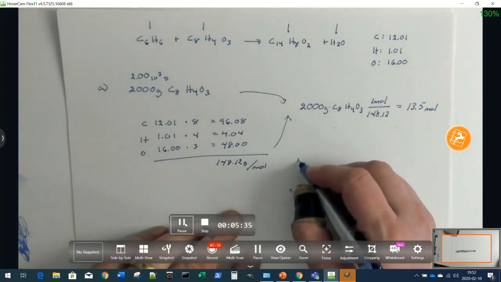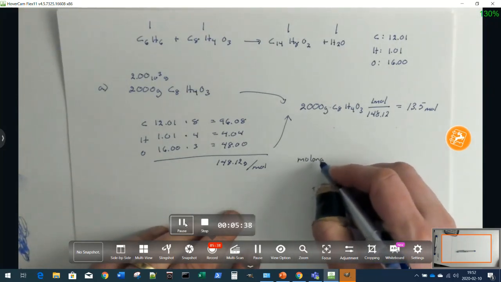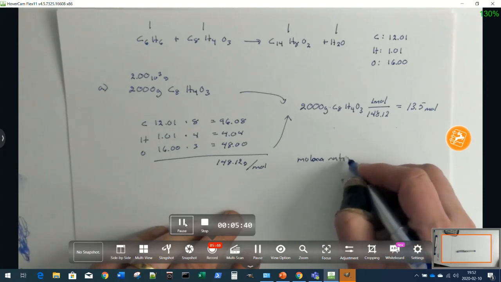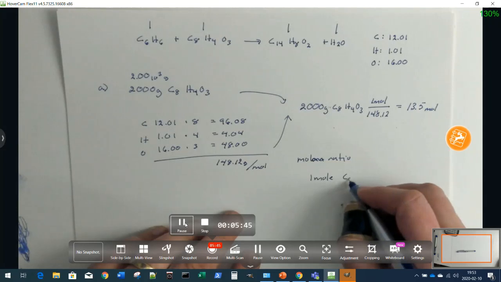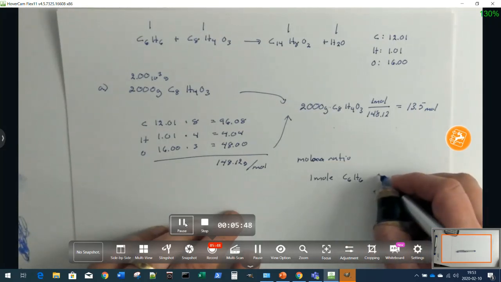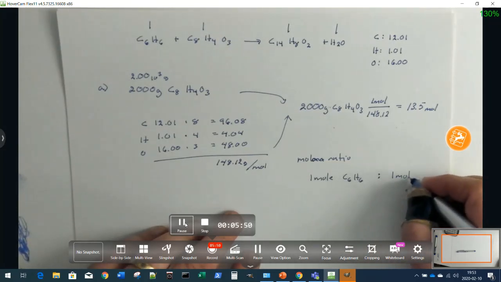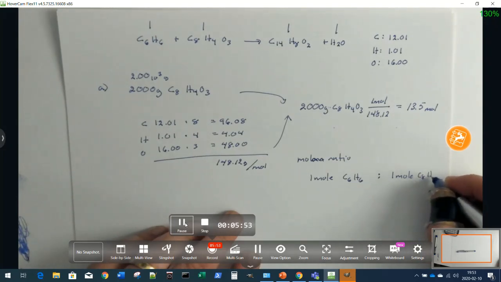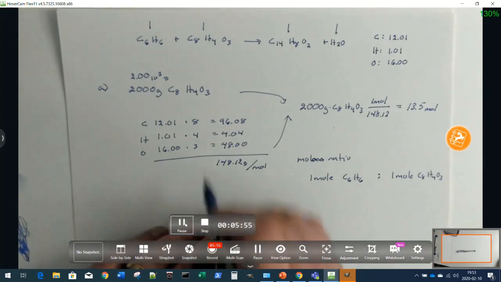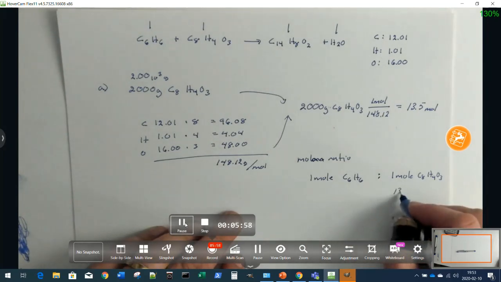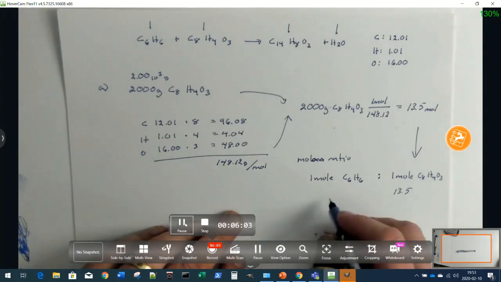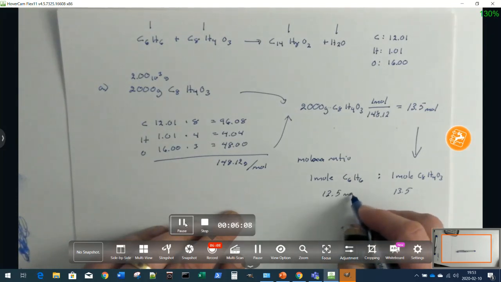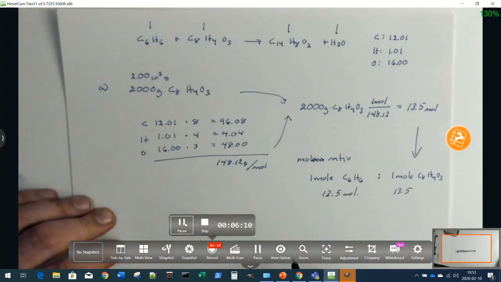Okay, so now we need a molar ratio, and the molar ratio is 1 mole of C6H6 to 1 mole of C8H4O3, which is what we just calculated. So if we have 13.5 moles of this, then because it's 1 to 1, we have 13.5 moles of C6H6.